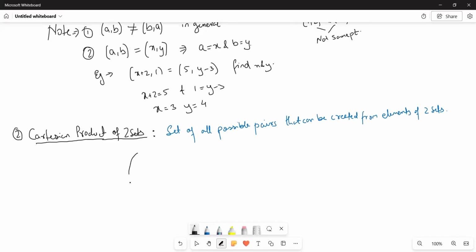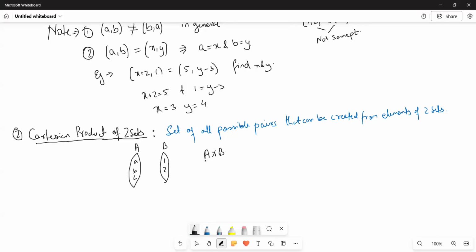If we again take the previous example, where we have a set A containing a, b, c, and a set B containing 1 and 2 for the moment, then A cross B is how we represent the Cartesian product.